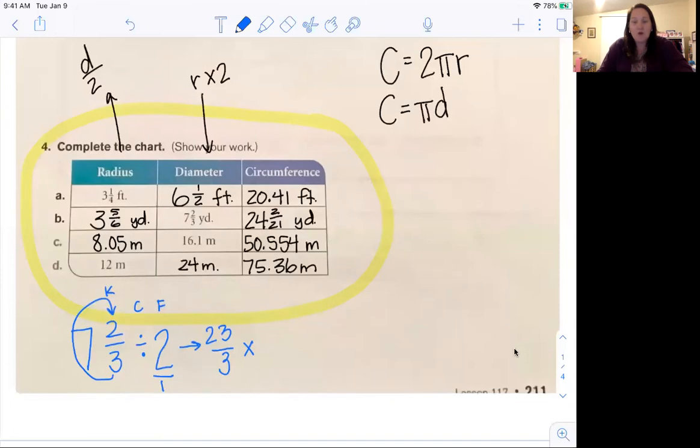This is really 2 over 1, so times 1 over 2. When I get that, I get 23 over 6, and when you reduce, you get 3 5/6.